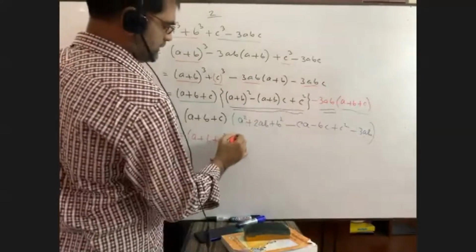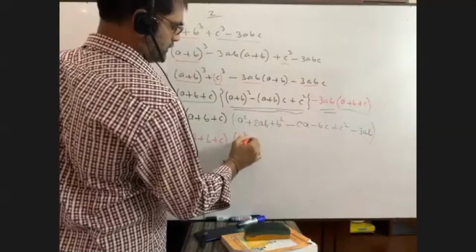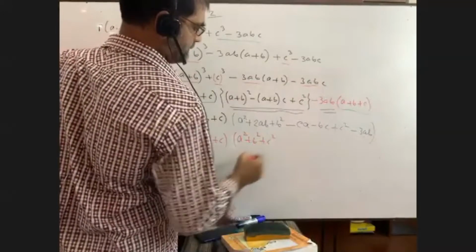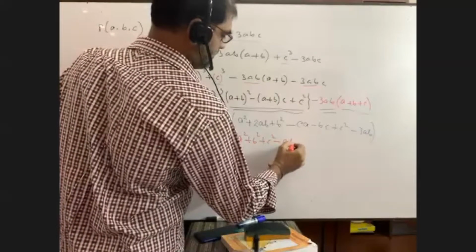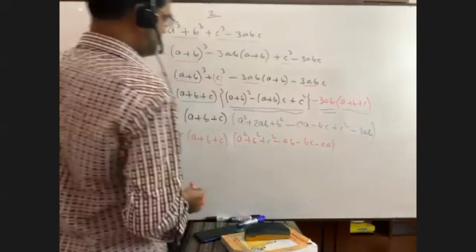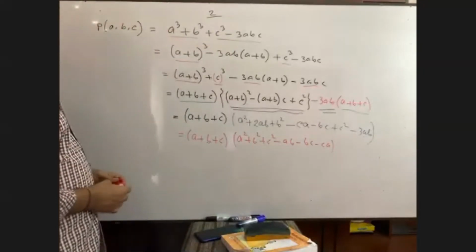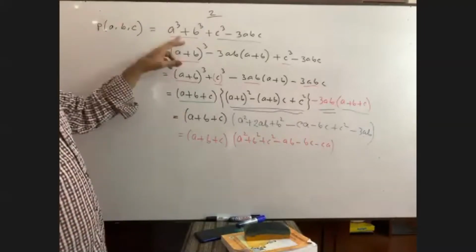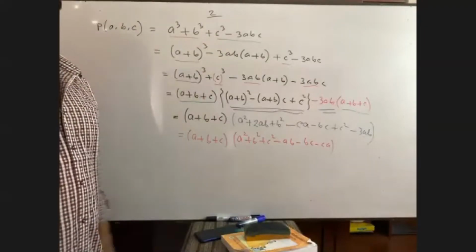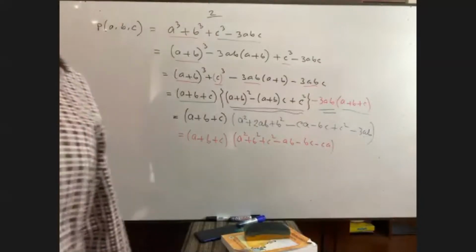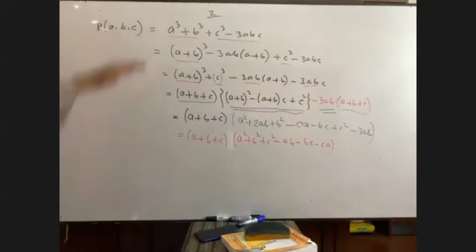And here you see a square plus b square plus c square minus ab minus bc. Math is done. This is the factorized form of a cube plus b cube plus c cube minus 3abc. It will be given in the examination. Factorize or resolve it into factors.